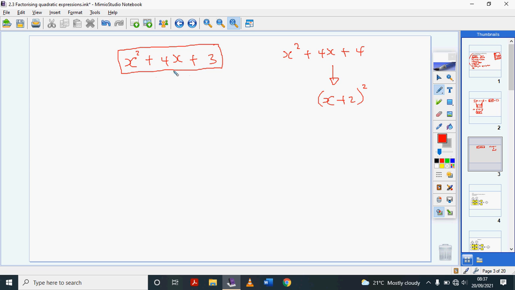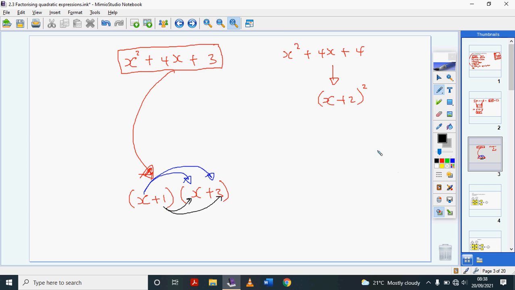Now I'm going to jump ahead and tell you, and you just have to take my word for it, that when I factorize this, I'll get (x plus 1)(x plus 3), right? And I'll show you that that's true, because if I go ahead and FOIL it out, remember FOIL, the distribution method to expand it, I'm just proving to you that I'm not lying to you.